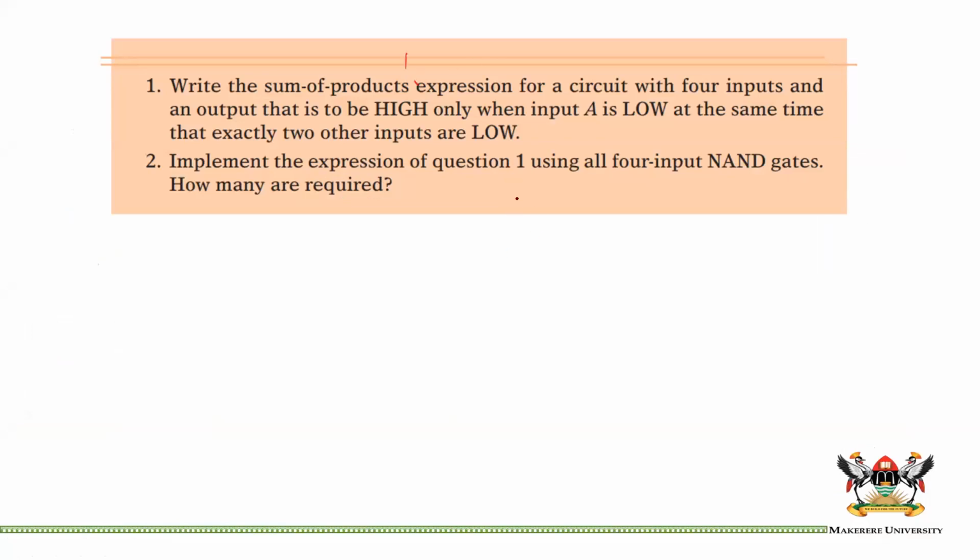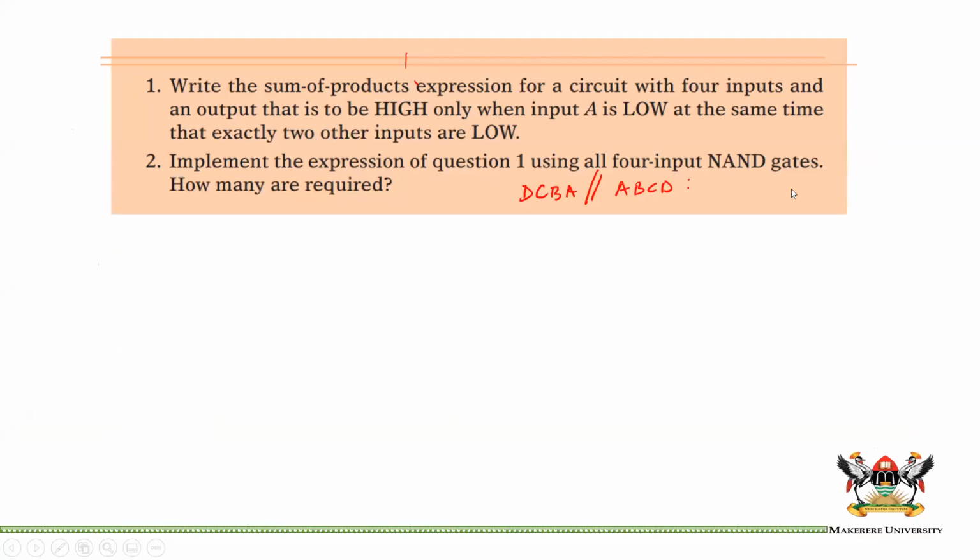So this question is saying that we have 4 inputs. We can say D, C, B, A. We can also say A, B, C, D. It doesn't matter. And we are saying that the output, which we can call X, is high only when input A is low at the same time that exactly two other inputs are low.